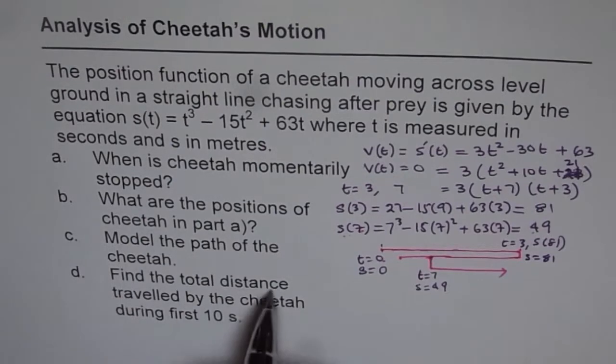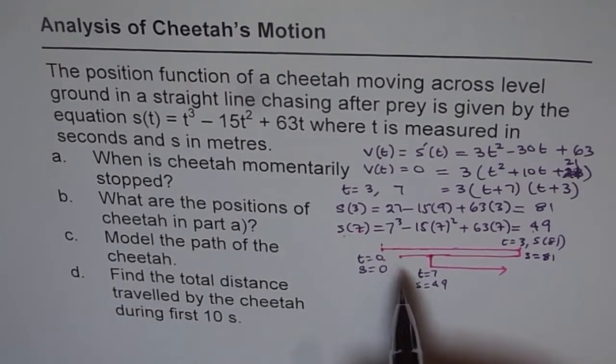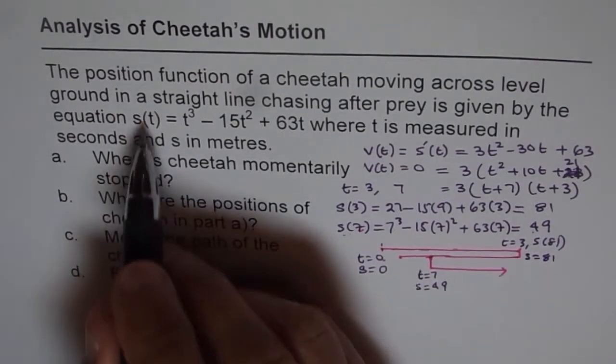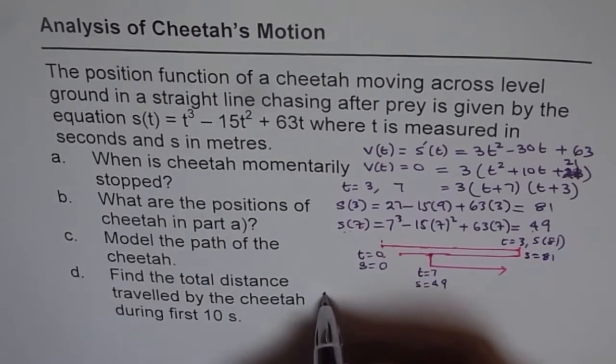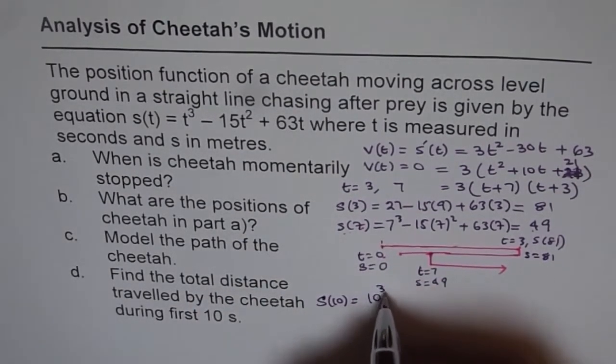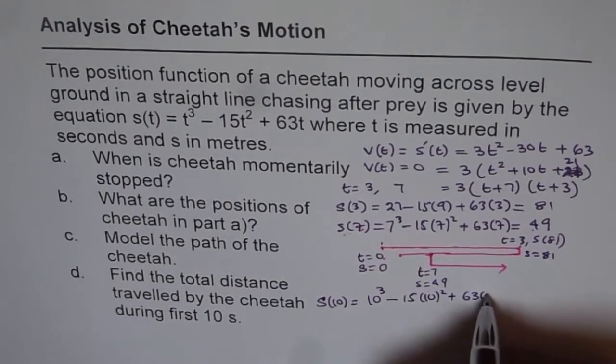Now find the total distance traveled by the cheetah in the first 10 seconds. We have already found the displacement up to 7 seconds. So what is the value at t equals 10? Let's find that out. s of 10 equals 10 cubed minus 15 times 10 squared plus 63 times 10.